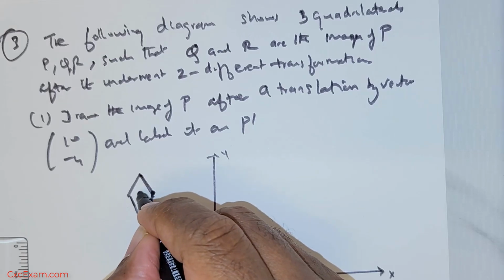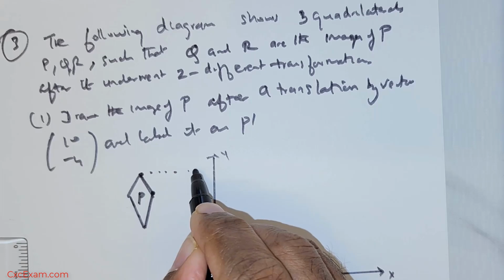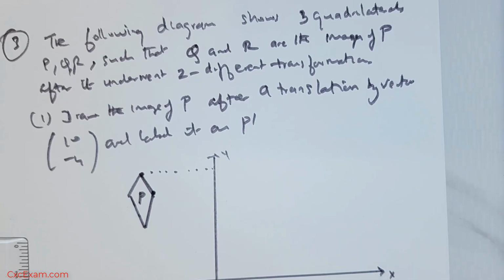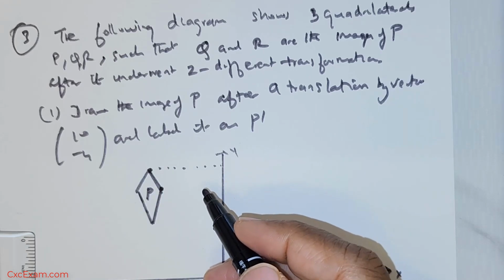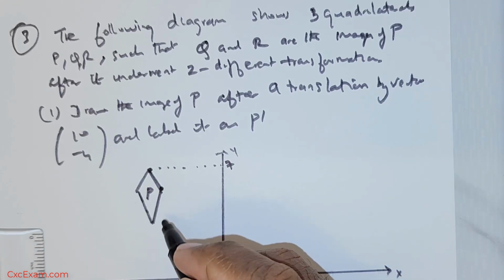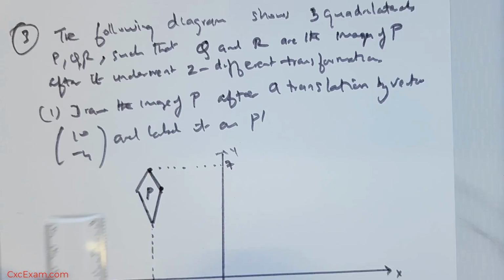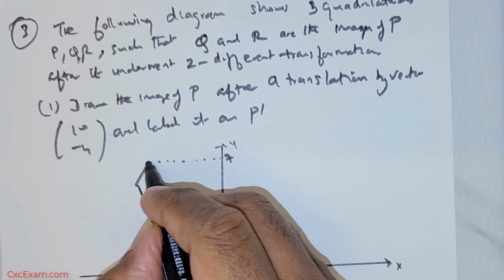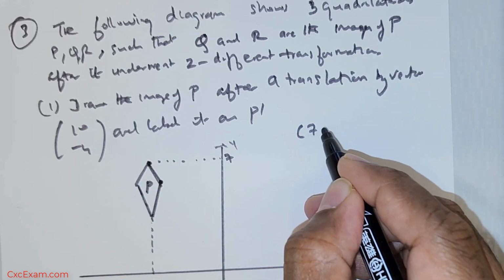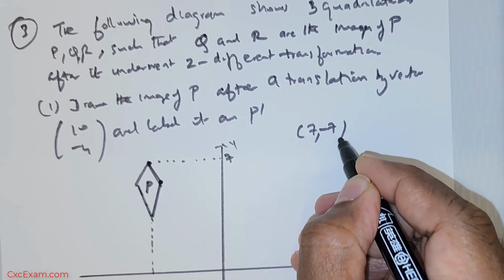Now this is my P and this point is going to be 7 units and this point right here is -7. So the first point is 7, -7.